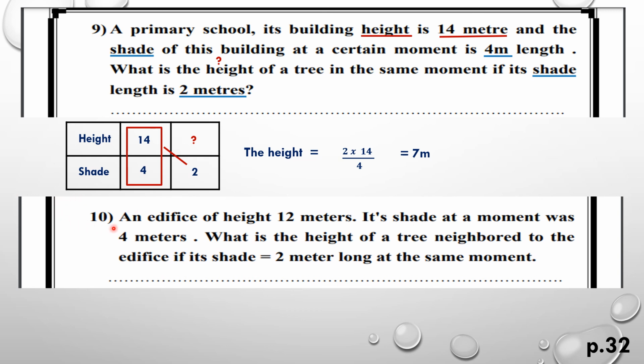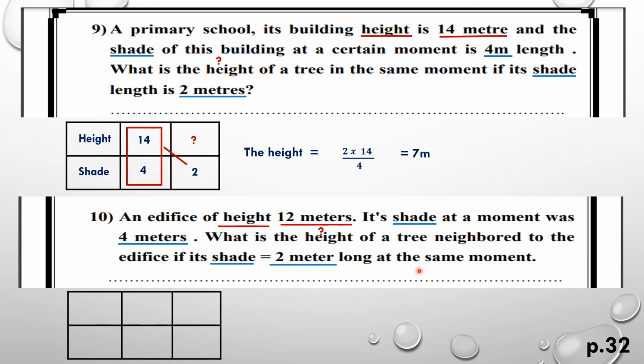Number 10. An edifice of height 12 meters. Its shade at the moment was 4 meters. What is the height of a tree neighbored to the edifice if its shade equal 2 meters long at the same moment? So here is our table. The titles are height and shade.